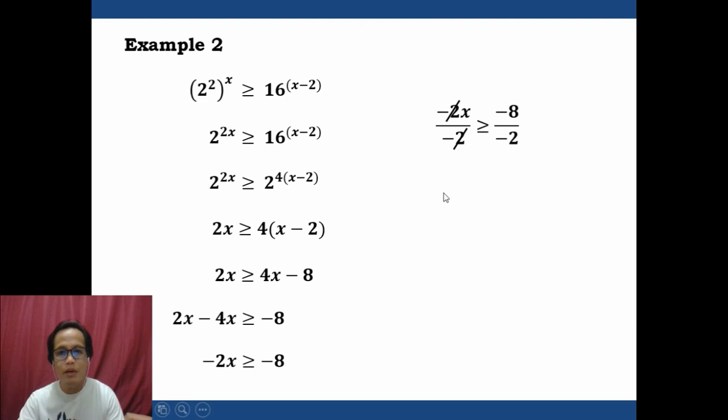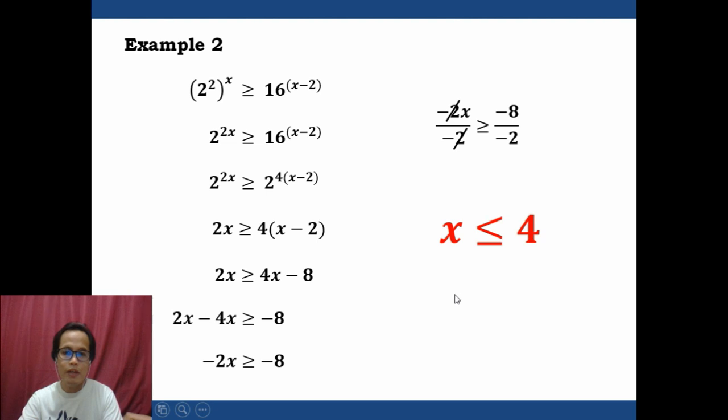As long as it is negative, mag-divide ka og negative or mag-multiply ka og negative, ang atong buhaton ani kay kining sign greater than or equal man ni, ma-change nito the opposite sign, which is less than or equal. So meaning ang mahitabo ani ang x copy, instead of greater than or equal to, mahimo na siyang less than or equal to 4. Negative 8 divided by negative 2 is positive 4. So our answer is x is less than or equal to 4.